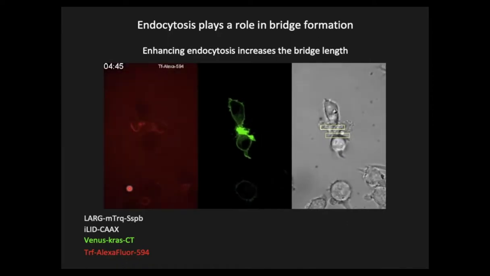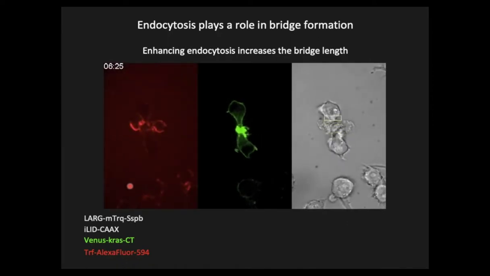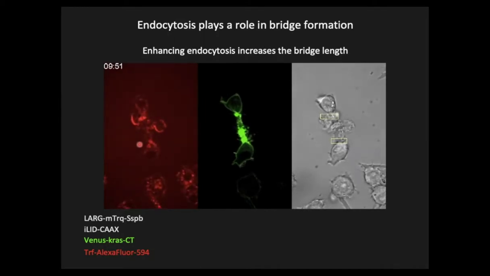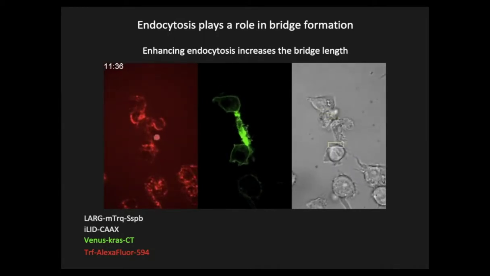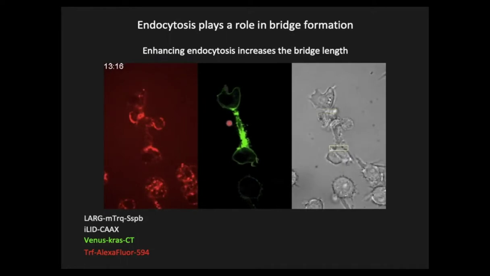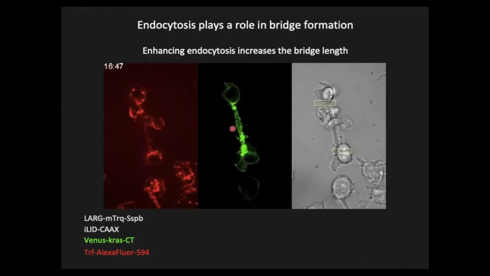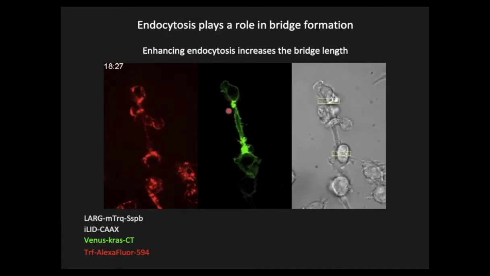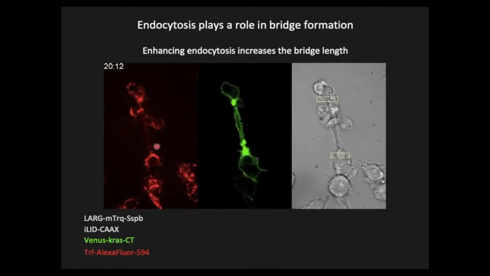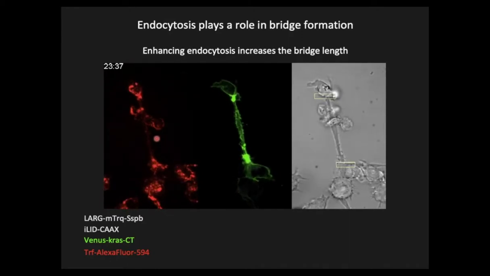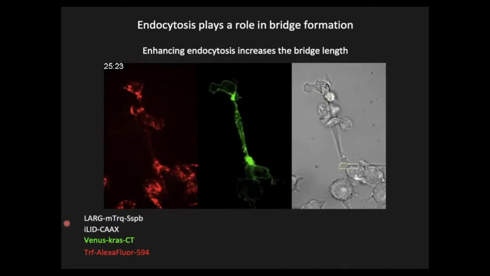Once I form the furrow, I add the transferrin, and at the same time that you start to see endocytic vesicles, the intercellular bridge starts to elongate, and you can see some vesicles inside the intercellular bridge. Then enhancing endocytosis increases the bridge length.